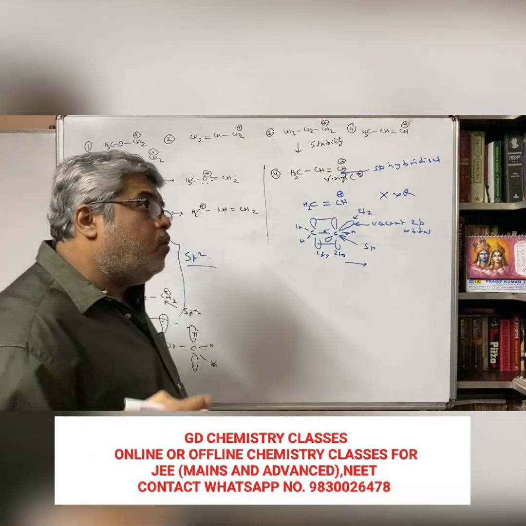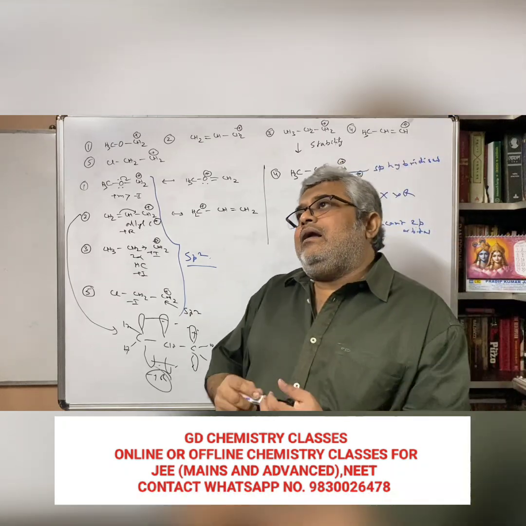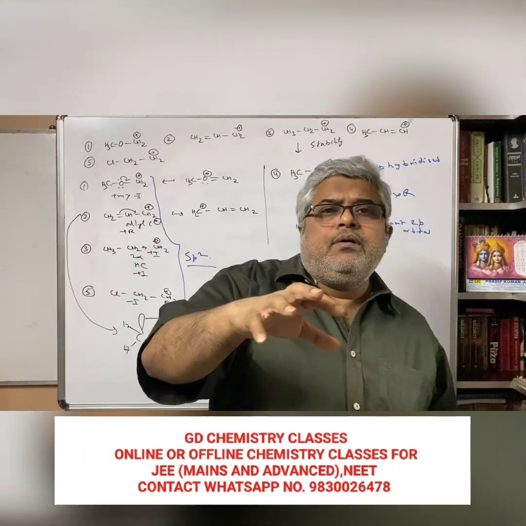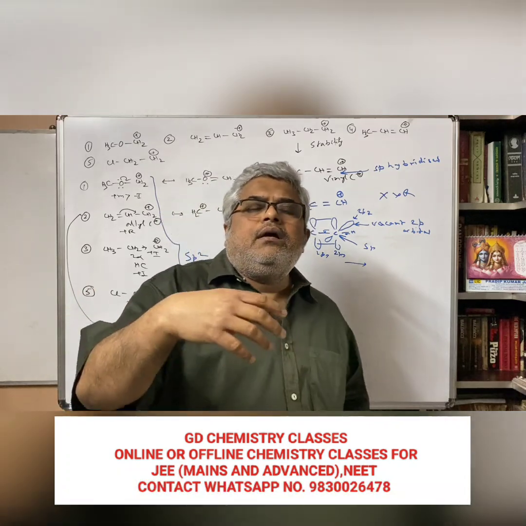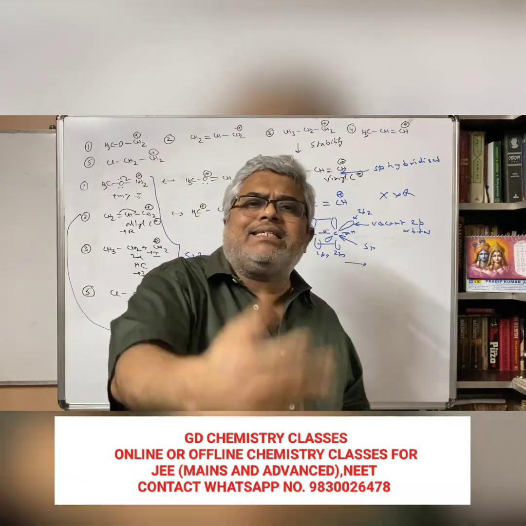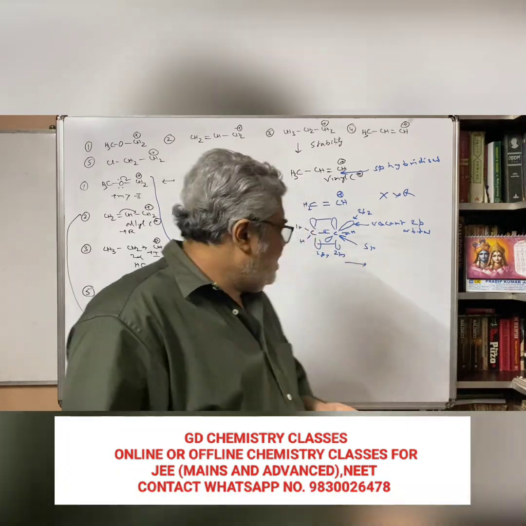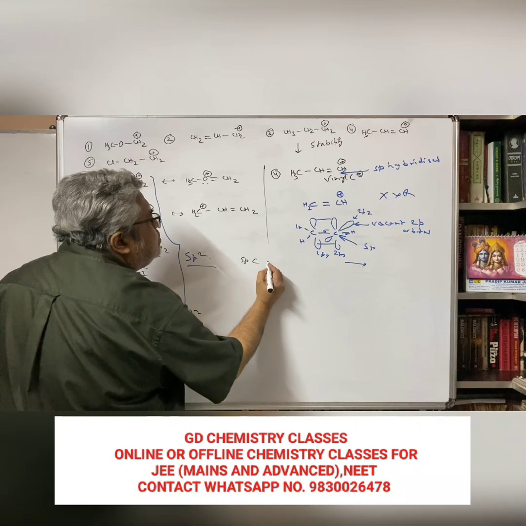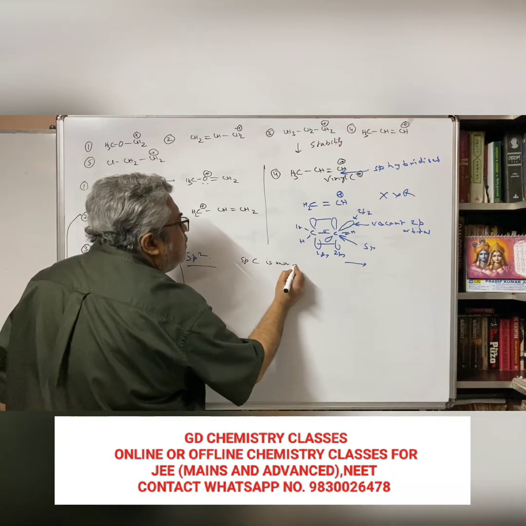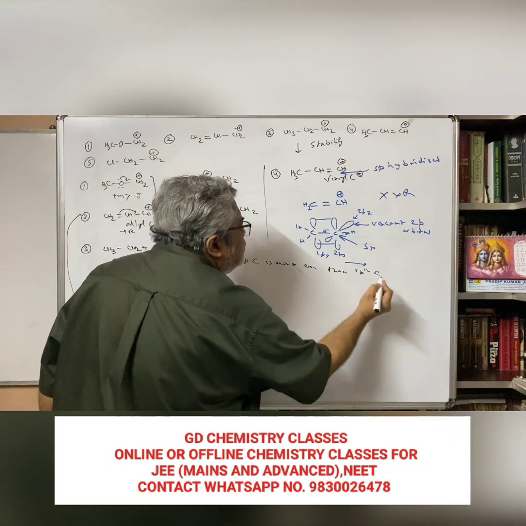Now we all know, this is the bonding part which you have done in class 11, that with an increase in s character in hybridization, the electronegativity of that atom increases. That means sp hybridized carbon is more electronegative than sp2.